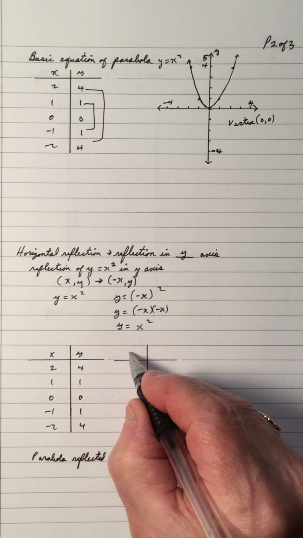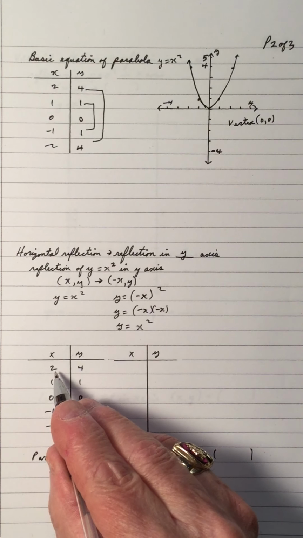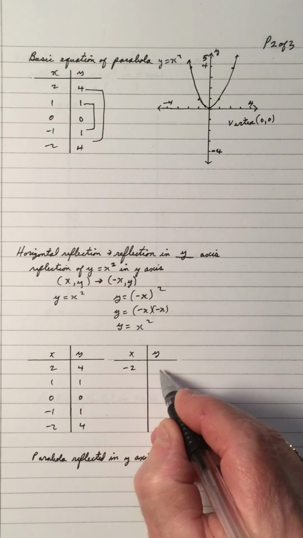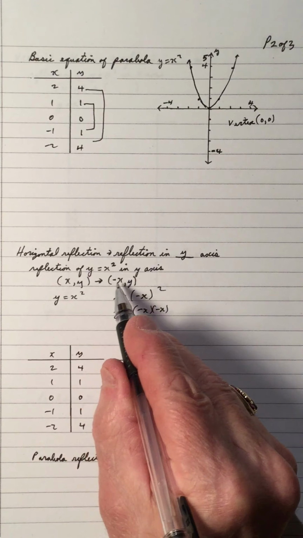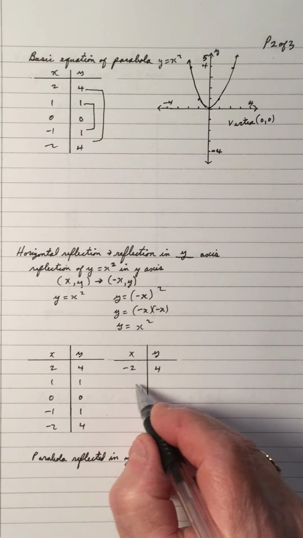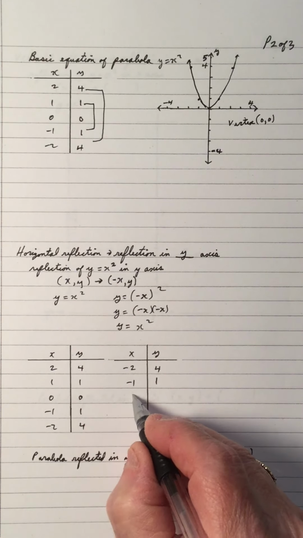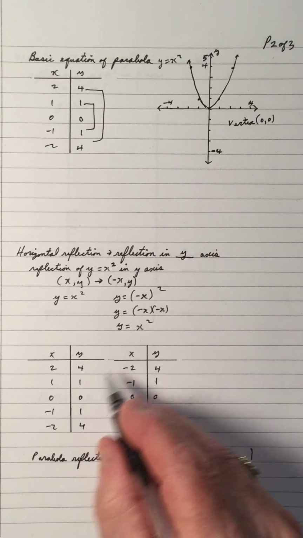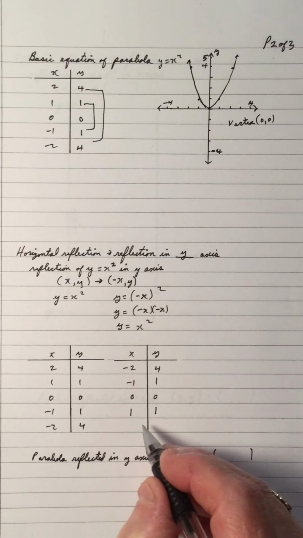That means, if you think about it, looking at the table of values, if we change x to a negative x, the y doesn't change. So 1 becomes a negative 1, but the y is not changing. 0 stays 0. Changing the x value of negative 1 to a 1, the y doesn't change.